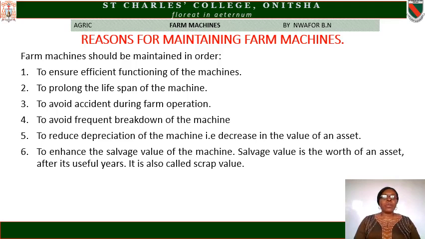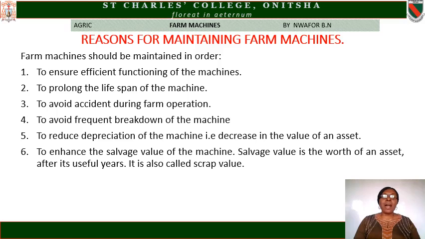Number two, to prolong the lifespan of the machine. When these machines are maintained properly, you extend the number of years they can serve you. Number three, to avoid accidents during farm operation. These machines are made by man.